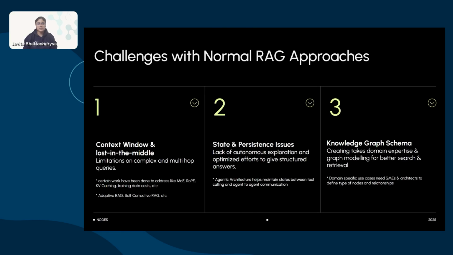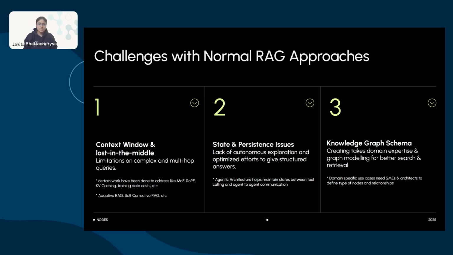These are the broad problems that we have identified when you implement RAG systems. First is the context window limitation that most LLMs have, and even with long context windows like 2 million token lengths, there is the problem of lost in the middle or needle in the haystack.